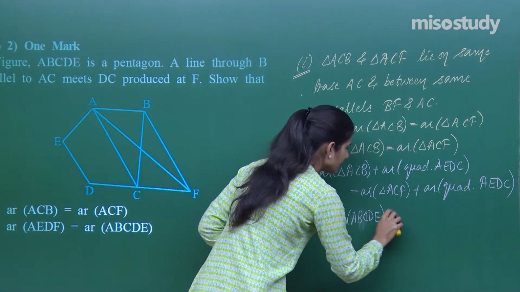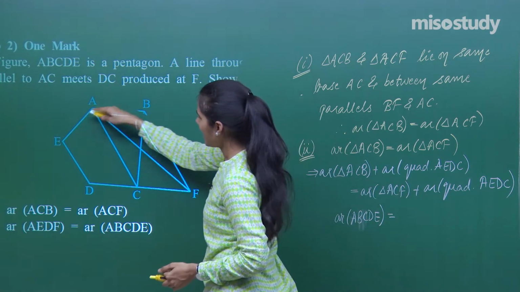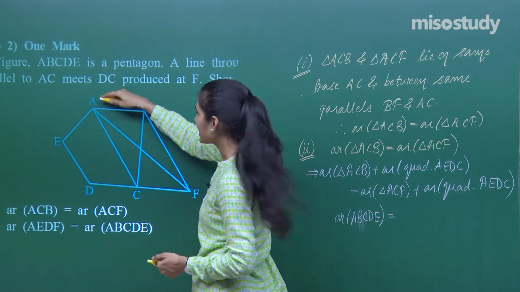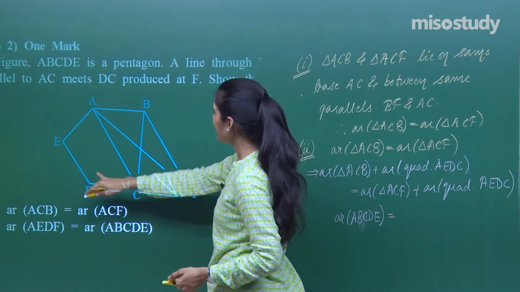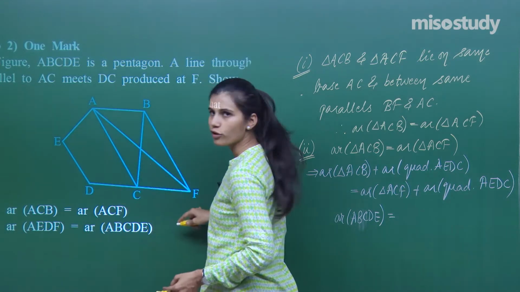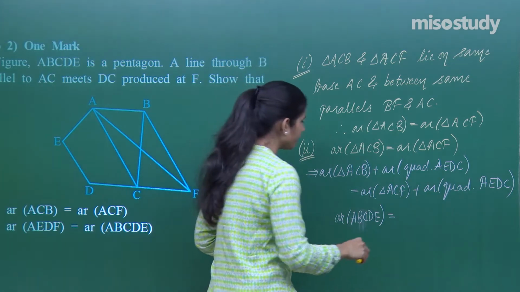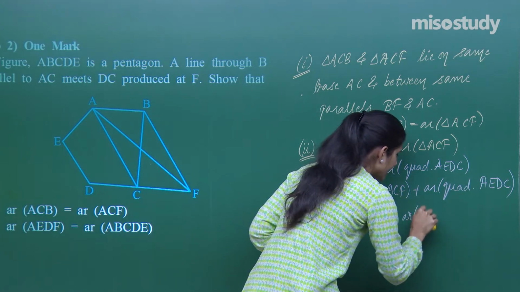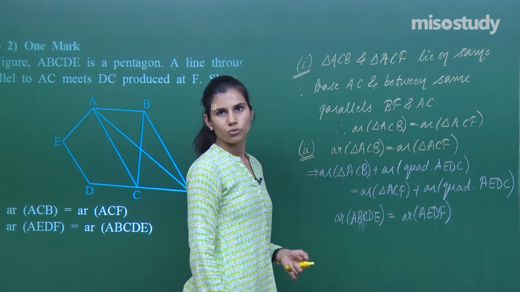And in triangle ACF, when I add the AEDC quadrilateral's area, I get AEDCF, or what is this? AEDF. AEDF also you can say, or AEDCF also you can say. So I get the area of AEDF, and that's what I wanted to show.